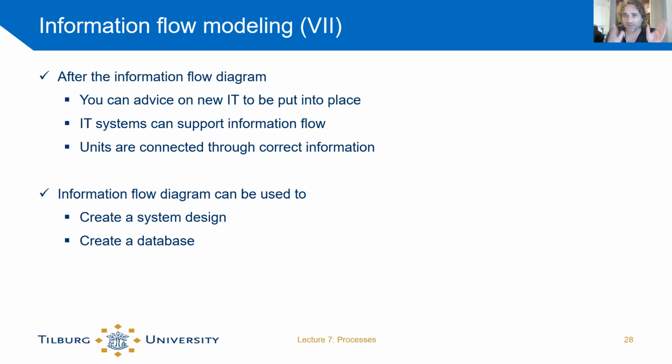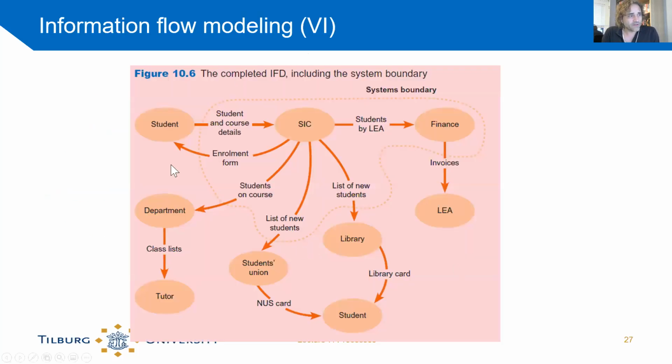So they often implement and update systems without official information flow diagrams. But if you want to do this correctly, you first have to think about what information we need in our organization, how the information flows work, and then think of the technology you can use to support that.